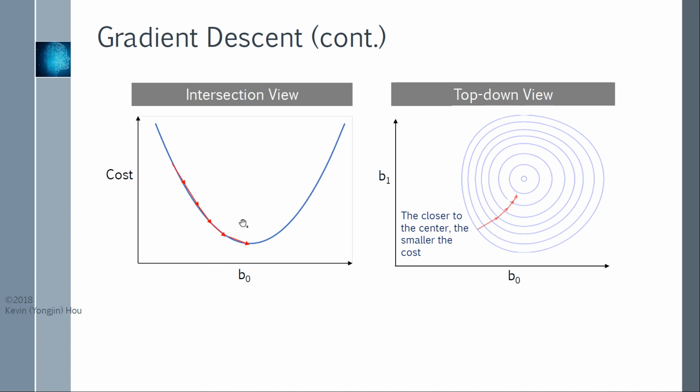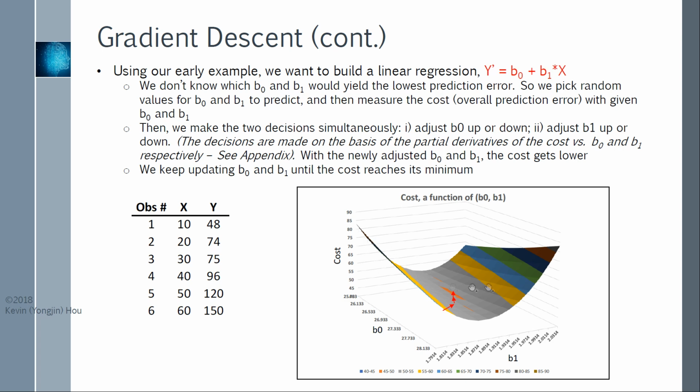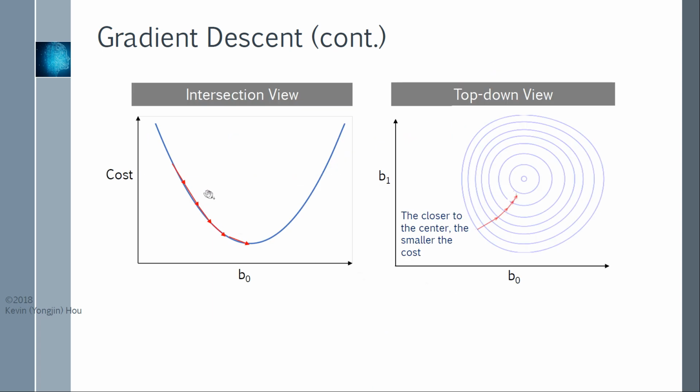We cut a line from the intersection of the plane with the surface on this page. And on this line, when B0 is updated and the cost is reducing gradually, eventually it reaches the minimum cost.